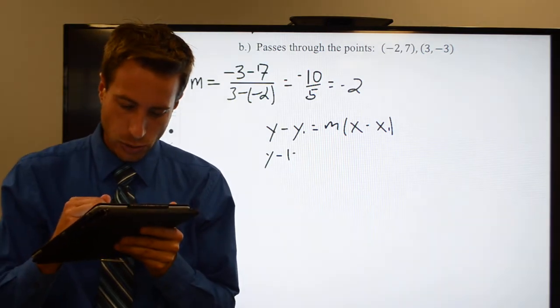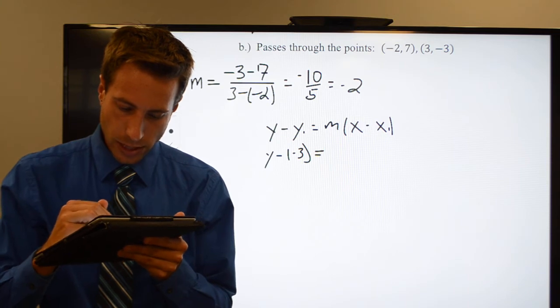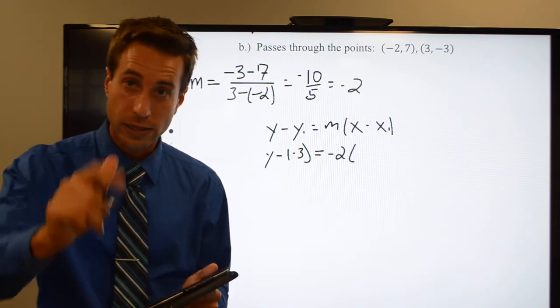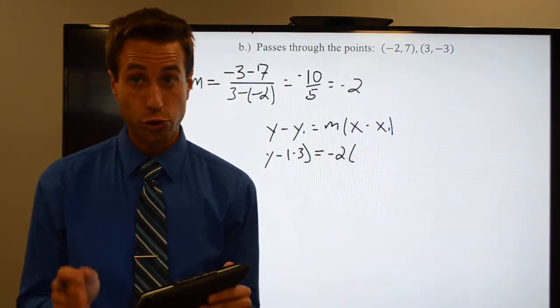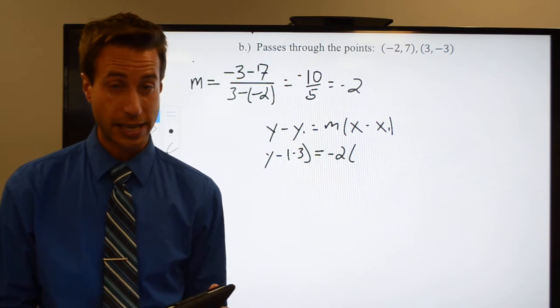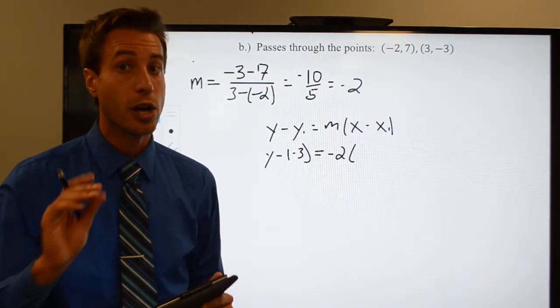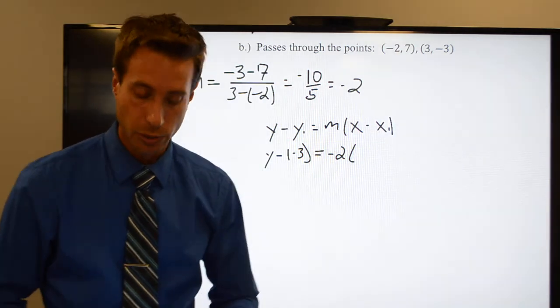Careful, watch your signs. y minus a minus 3 equals a negative 2. I will make this quick note. If you had decided to go with negative 2, 7, you should still get the exact same answer I get. All right? Make sure you get the same answer. If you didn't get the same answer, you messed up somewhere. It does not matter which point you choose.